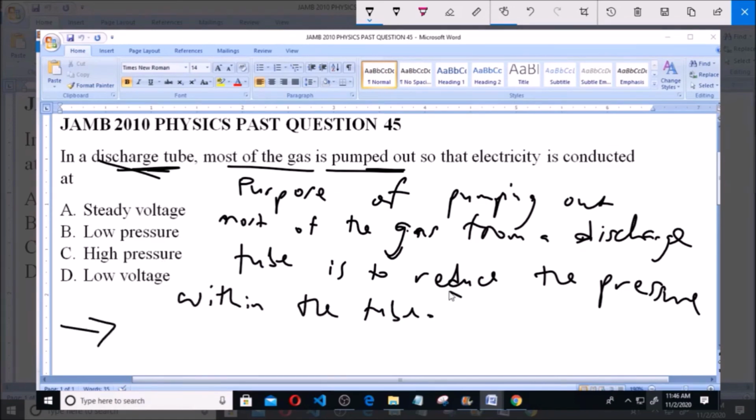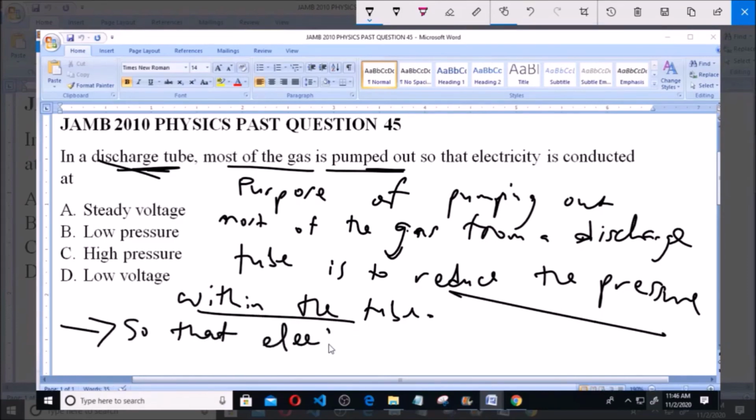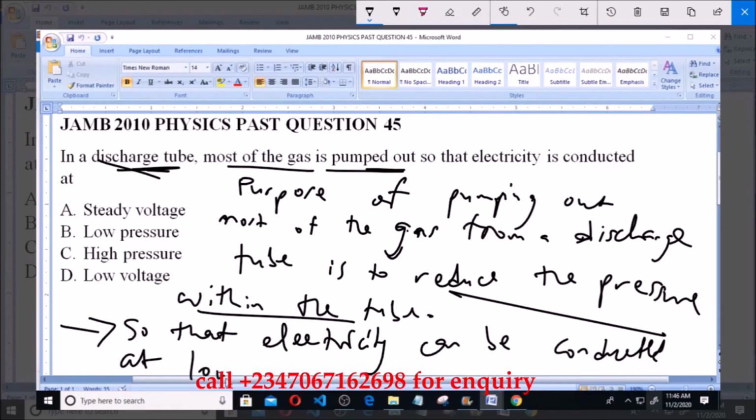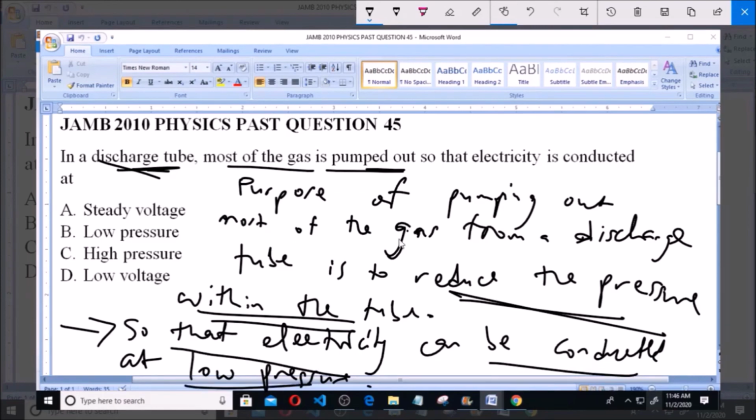Reducing the pressure within the tube is done so that the electricity can be conducted at low pressure. So most of the gas is pumped out so as to decrease the pressure within the tube. So within the tube you will now have a lower pressure. This is done so that electricity can therefore be conducted at the low pressure. So option B, low pressure, is the correct answer to this question.